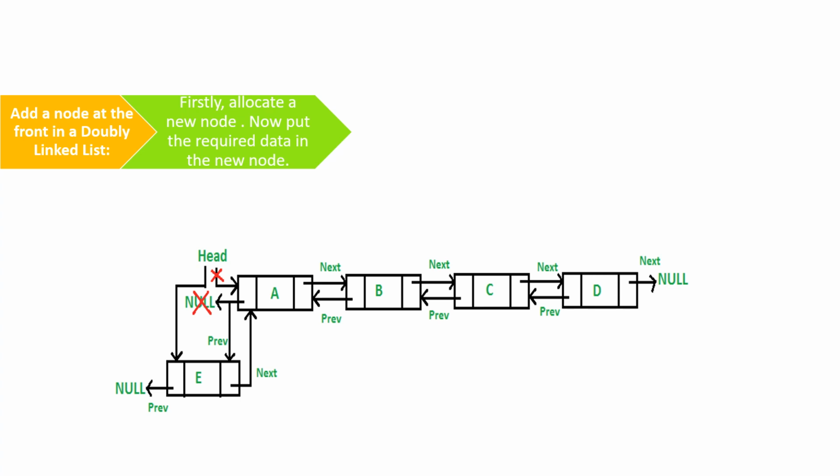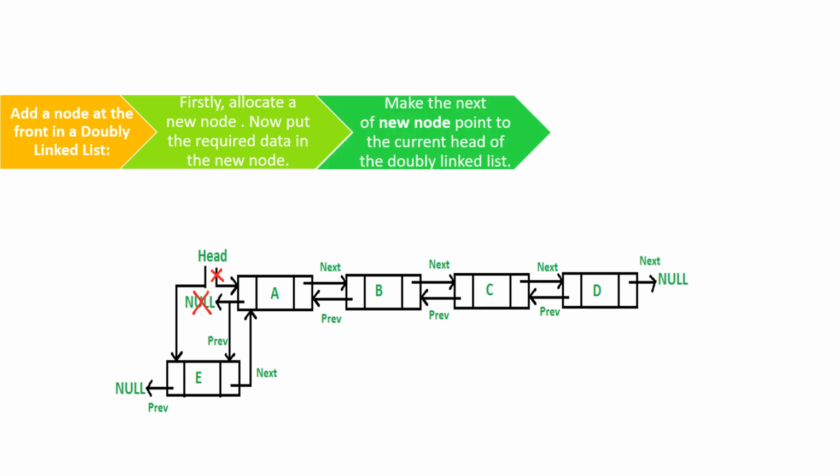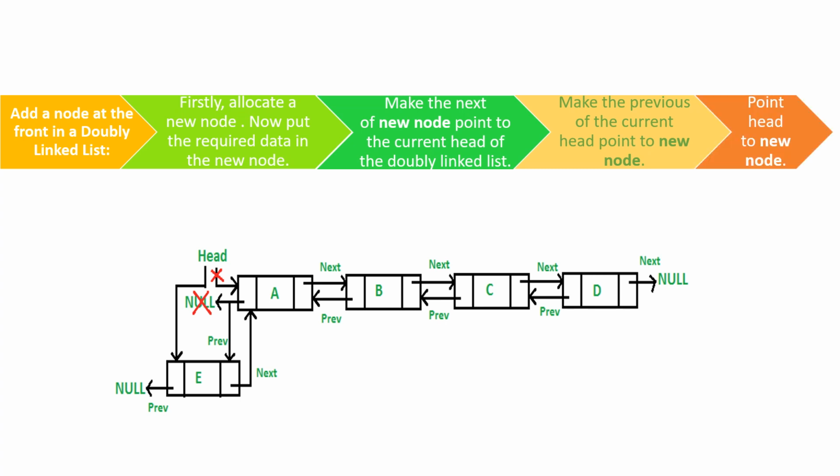Now put the record data in the new node and make the next pointer of the new node point to the current head of the doubly linked list, that is A, which was first in the list. Make the previous pointer of A point to the new node, and then point head to the new node, which is the E node.